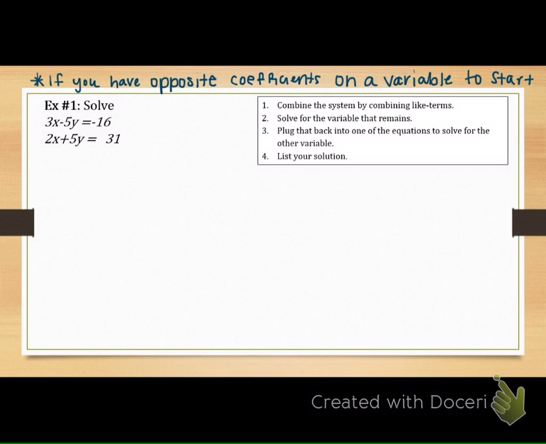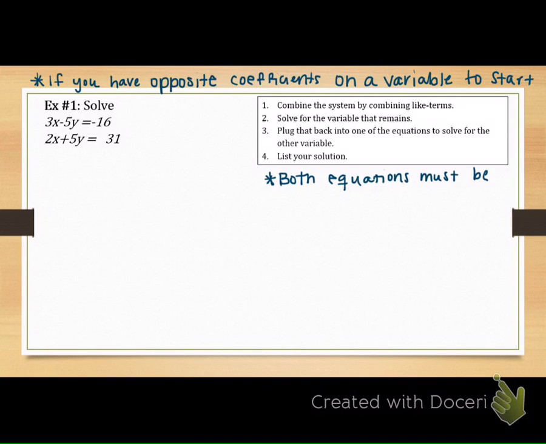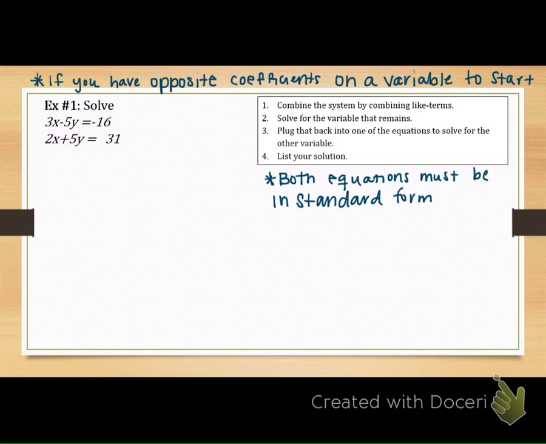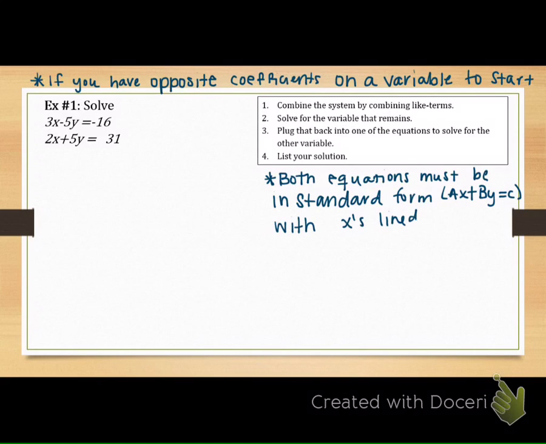Let's just write a note here. That's ax plus by equals c with x's lined up and y's lined up.